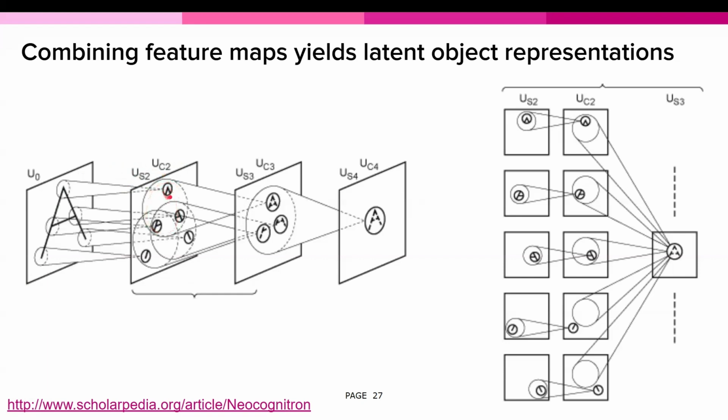So for example, the tip of an A, but also the intersections in the A itself. And then the C cells at that level are going to receive input from multiple S cells in a neighborhood, indicated by this thin line circle here.